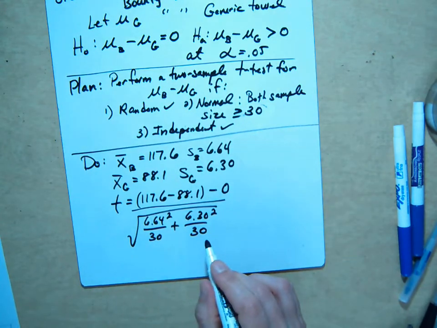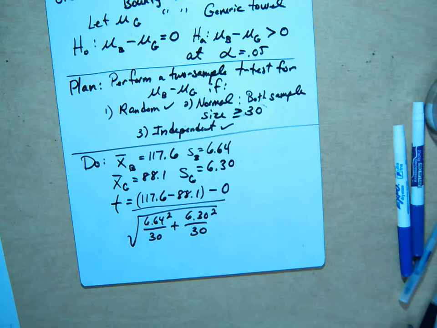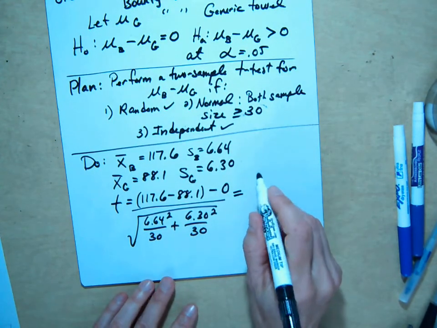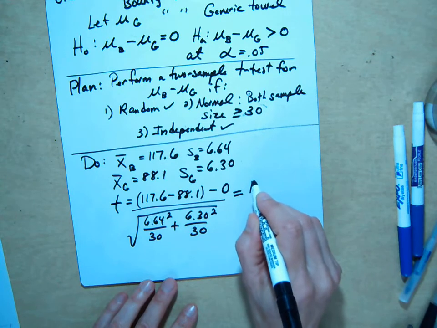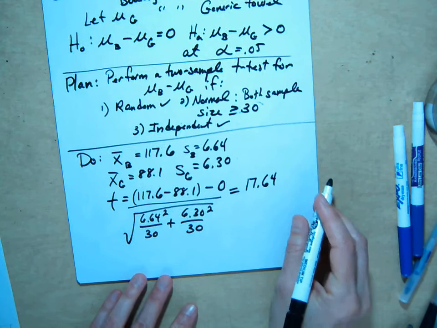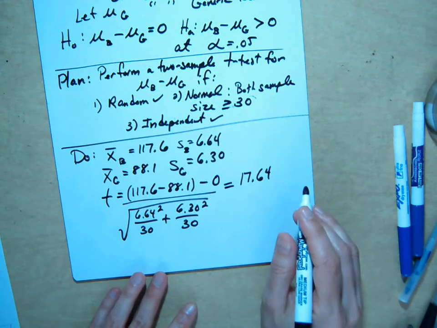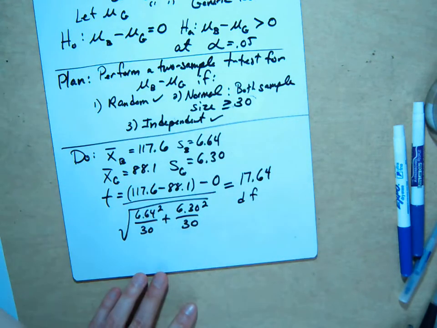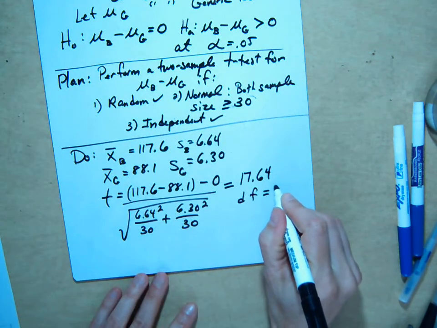Both of our sample sizes were 30, and those were the sample standard deviations that we found. And you would get, for t, 17.64. What are the degrees of freedom? Degrees of freedom n minus 1, or 29.